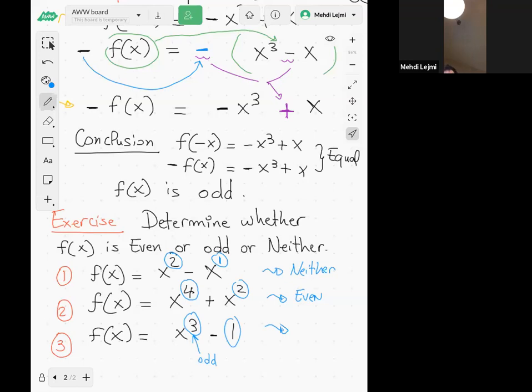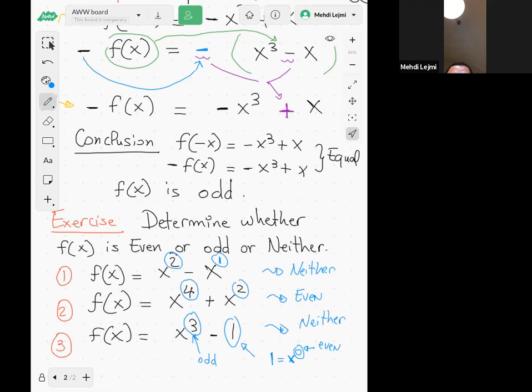A constant like 1 is actually x to the power 0, because a non-zero number to the power 0 equals 1. So in number 3, we have an odd power and an even power because 0 is even. 3 is odd and 0 is even, so the function is neither.